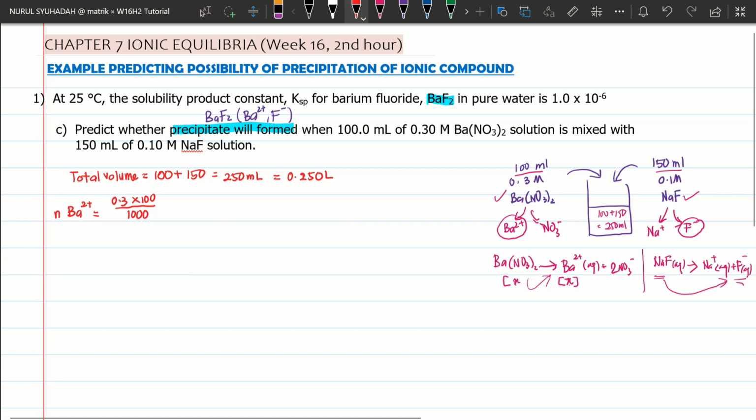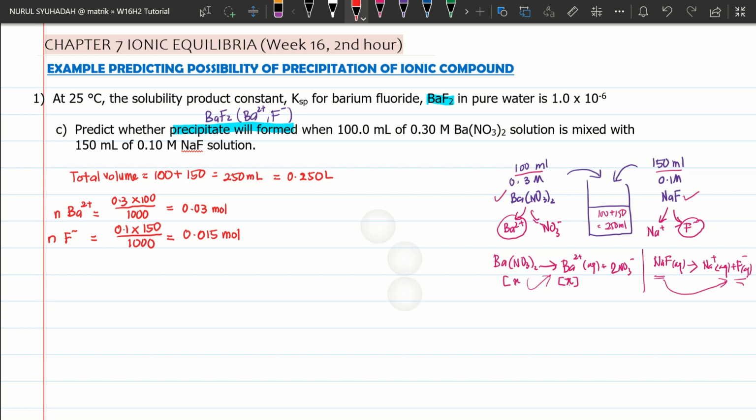Okay, so we get the number of mole as 0.03 mol. Then you find the number of mole of F- that came from NaF. So 0.1 times its volume 150 over 1000. So we get the number of mole of F- is 0.015 mole.